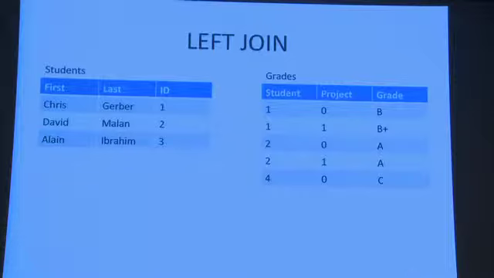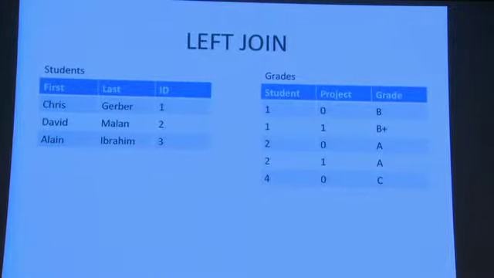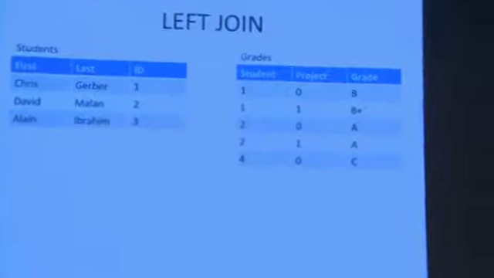So students is the left table, grades is the right table. Now, what do folks think the difference is here versus what we talked about with inner joins? Okay, so the difference is what we're saying when we specify a left join is that every record in the left table, whether it has a corresponding record in the right table, needs to be displayed.